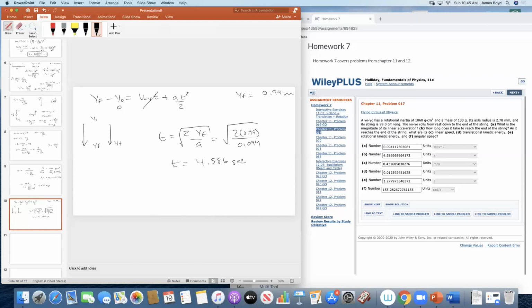Knowing that, I can find its linear speed, its translational kinetic energy, its rotational, and its angular. Really simple. So for part C, we want V final. And we know that V final is equal to V initial plus AT. Multiply this A times this T, you're done.